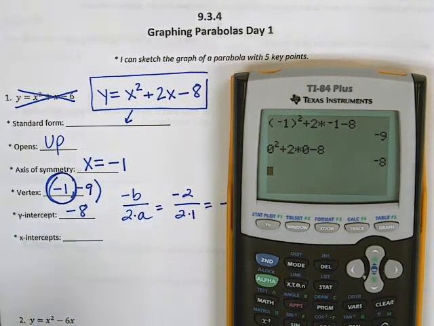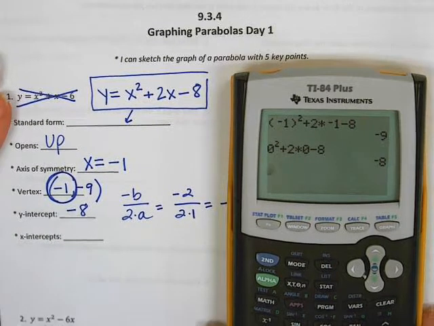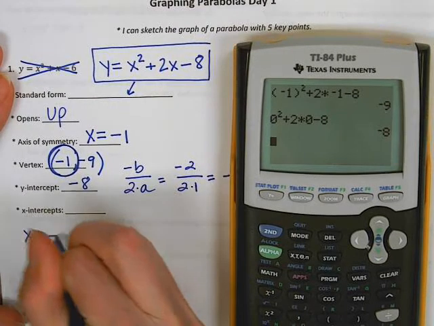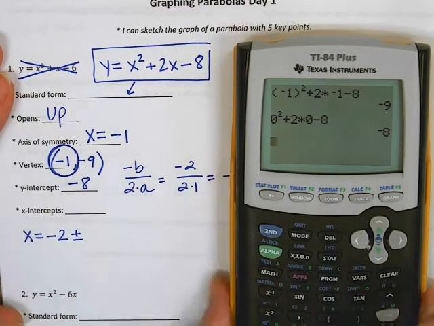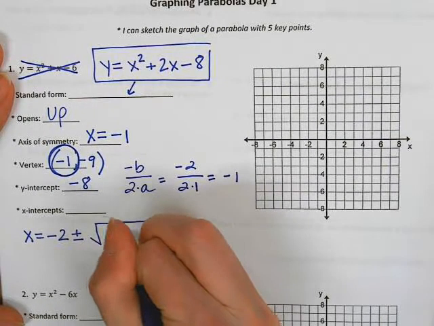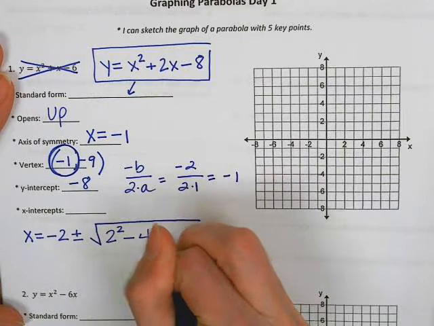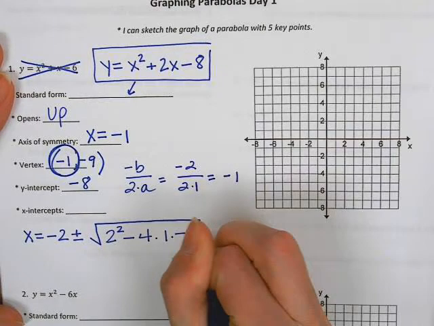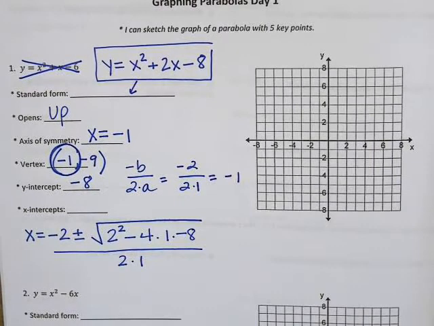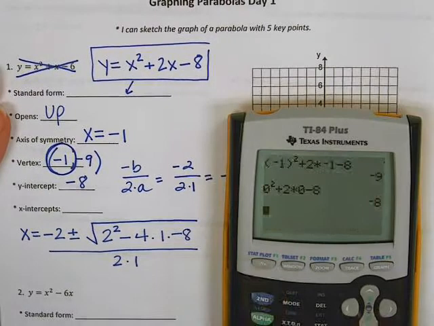And the x-intercepts, most of you guys do quadratic formula. So x equals negative b plus or minus square root b squared minus 4 times a times c all over 2a. And then we do it.